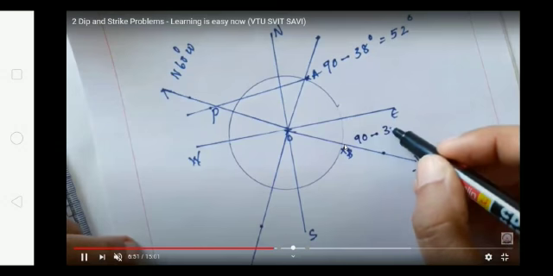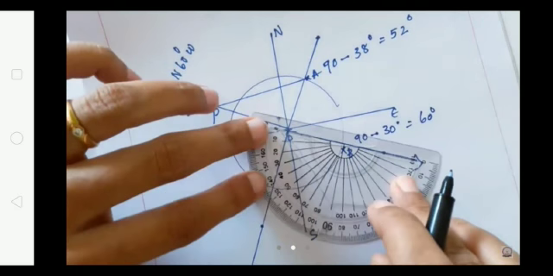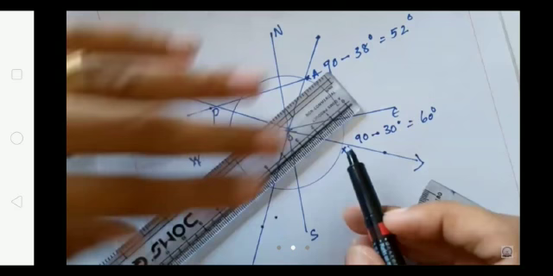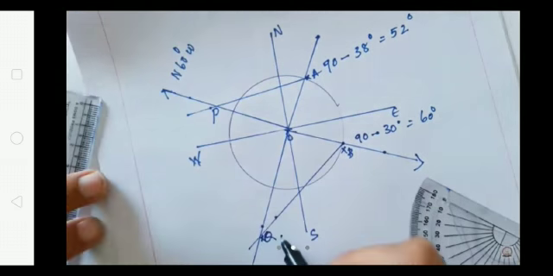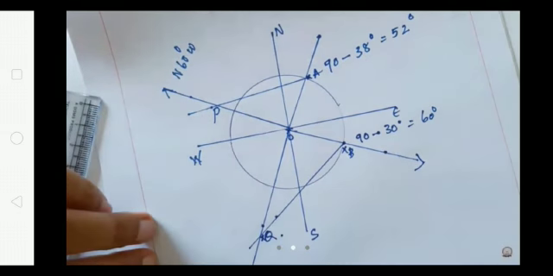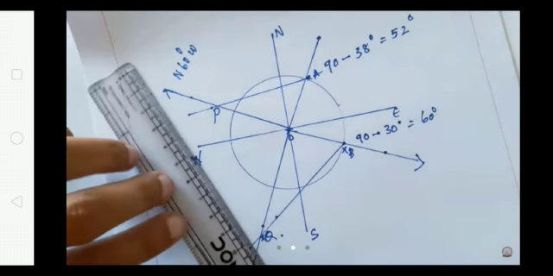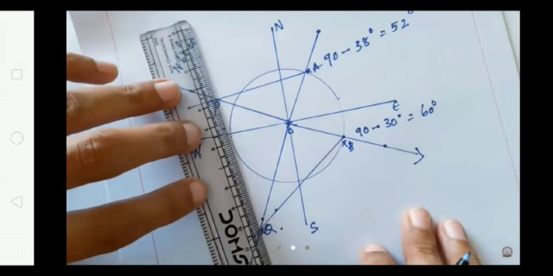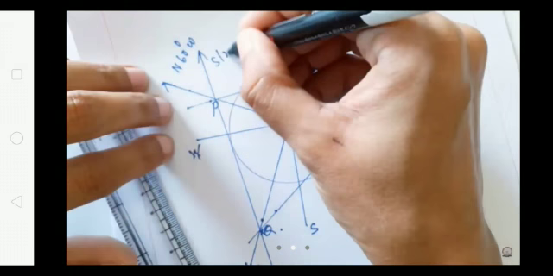Then 90 minus 30, that is 60. 30 is the amount. From B you are marking 60. Join that. See where it cuts the circle, that is Q. Now you join P and Q. You can see that is a strike line that we have got.